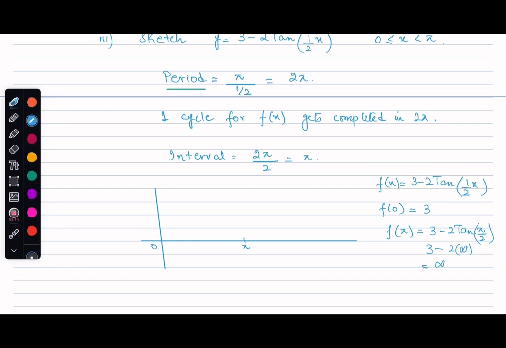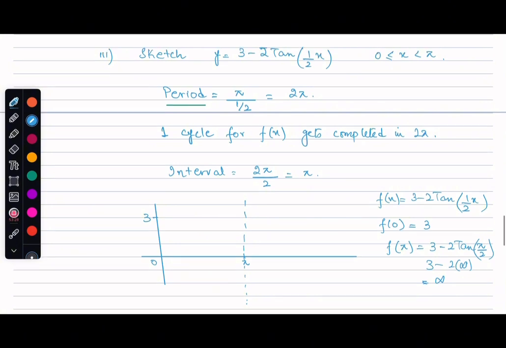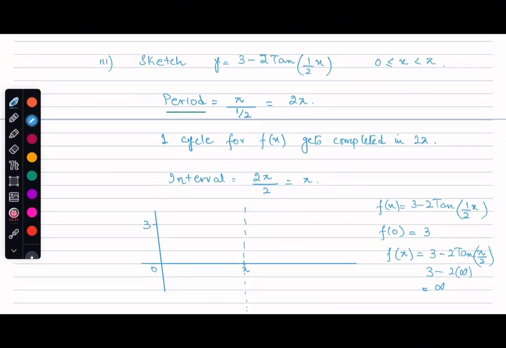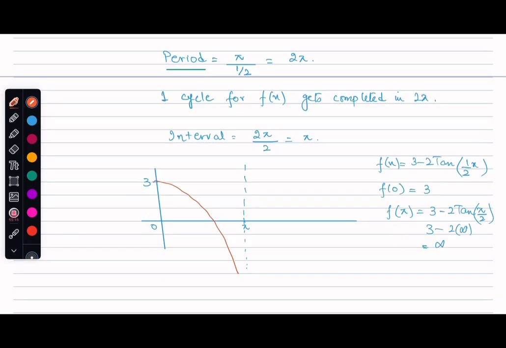Meaning at pi, I should have my asymptotic value. And at 0, the y value for this graph needs to be 3. We again have a negative sign with respect to this graph, and we have already discussed that it should be the graph towards the negative y-axis. Therefore, this graph shall be moving in this direction. So this is how the graph of y equals 3 minus 2 tan of x by 2 shall be sketched.